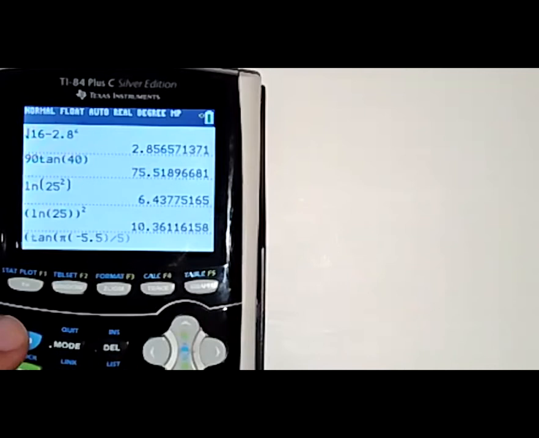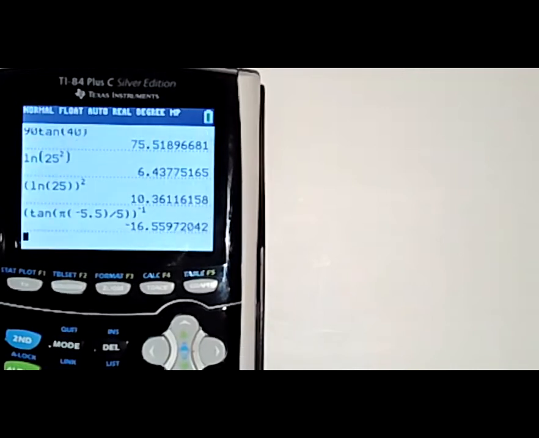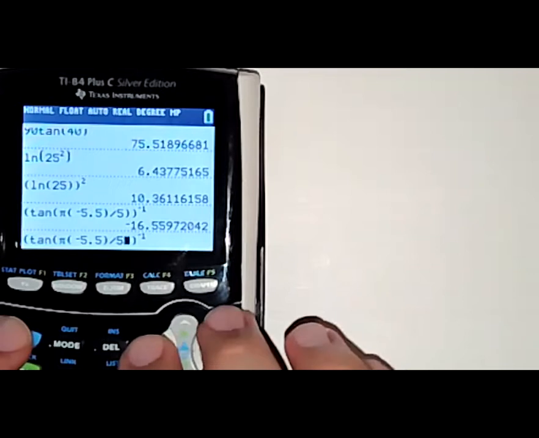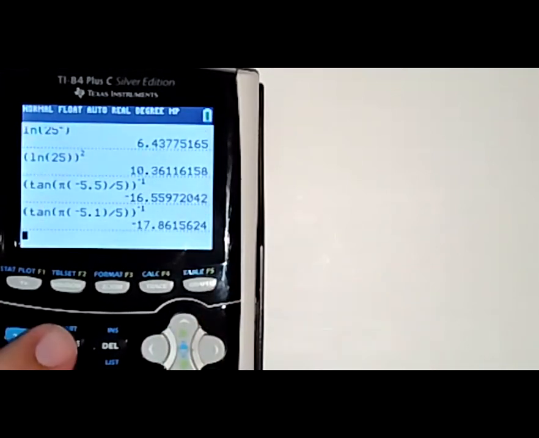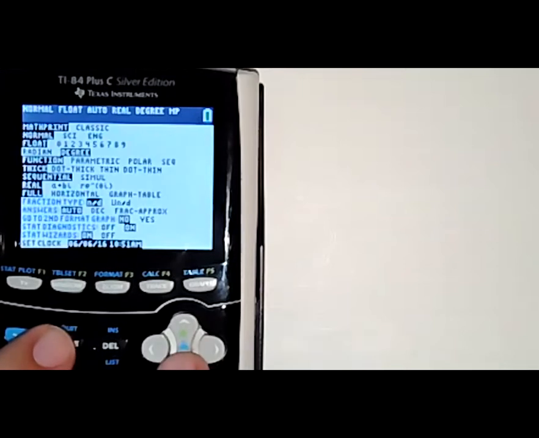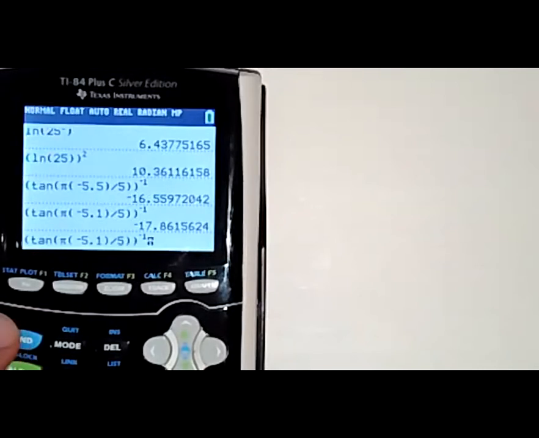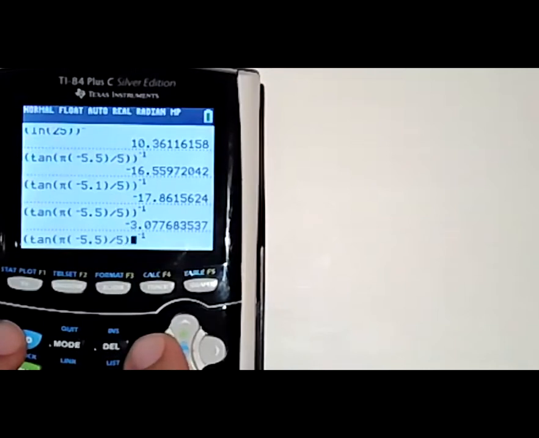Now to make it a cotangent, I'm going to put -1 on it. So the first one looks like -16. Then I would do the next one and plug in 5.1. But first, let me check, am I in radians? I am not. So I have to redo that. Let's do the first one. Second one.